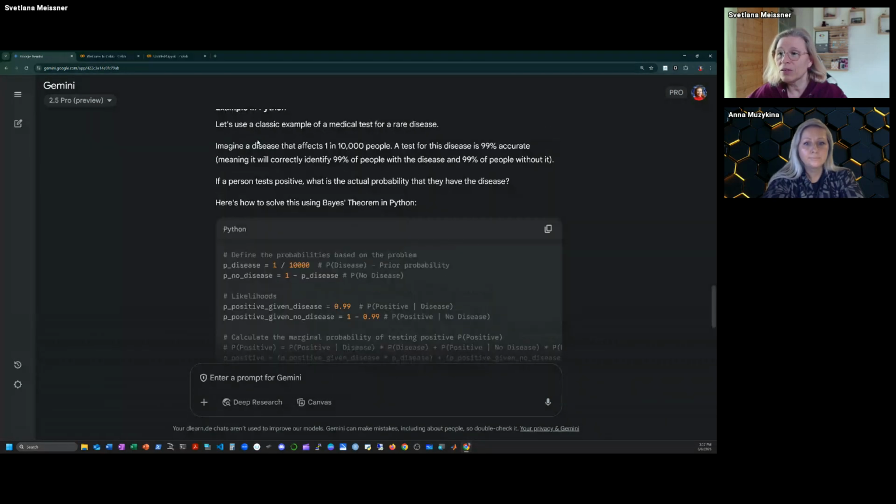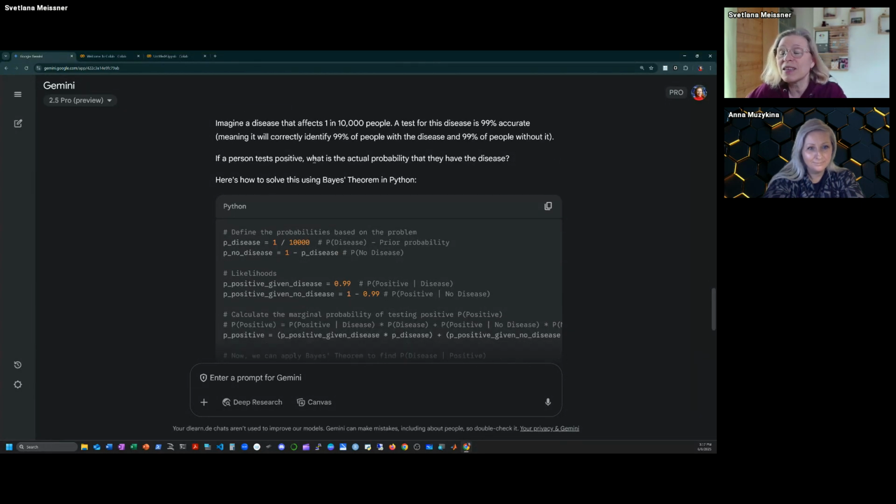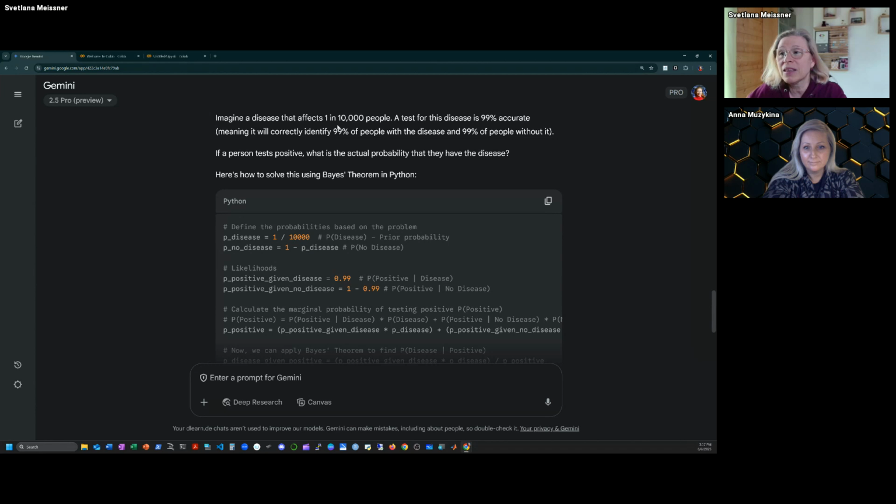So this is again a classical example: medical tests for a rare disease. We are imagining that it affects 1 in 10,000 people. A test for this disease is 99% accurate, meaning that 99% of people with the disease get a positive result.